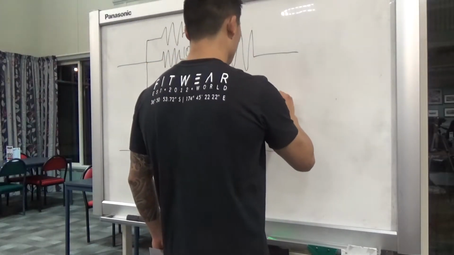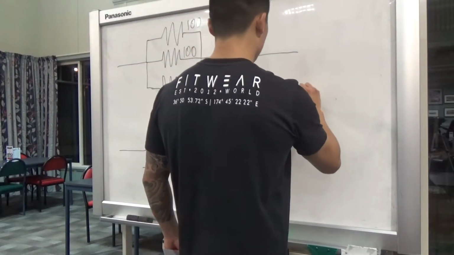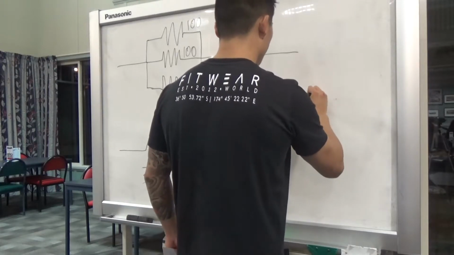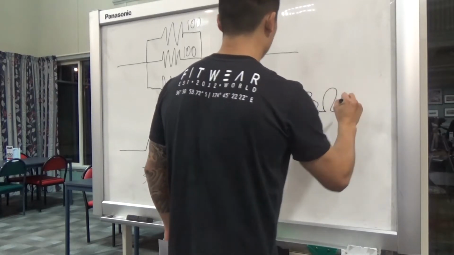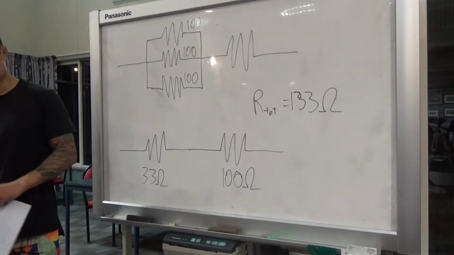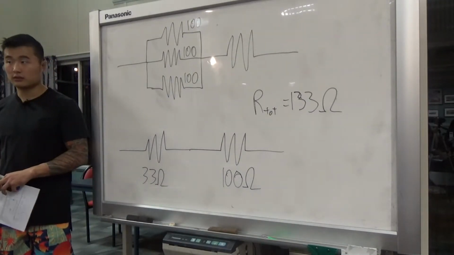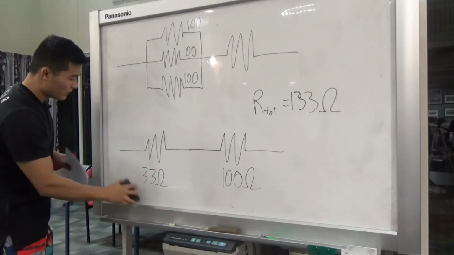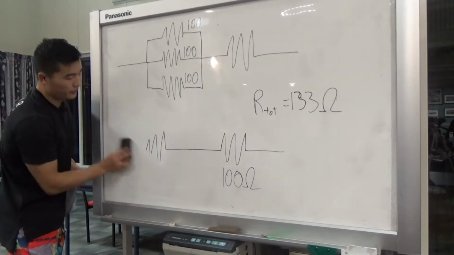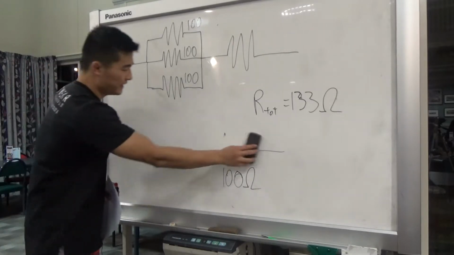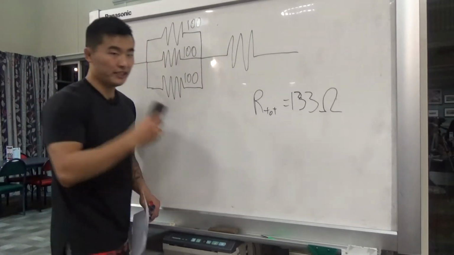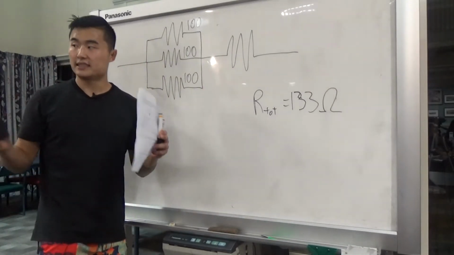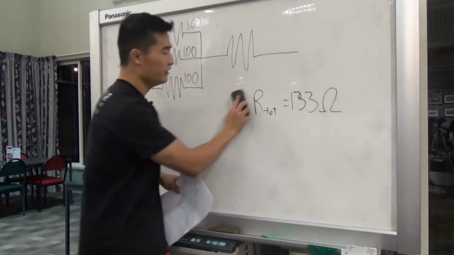So our total will equal 133 ohms. Okay. Sweet. So knowing that will make your life a lot easier. And usually if they put two resistors in parallel, they will make it the same value.